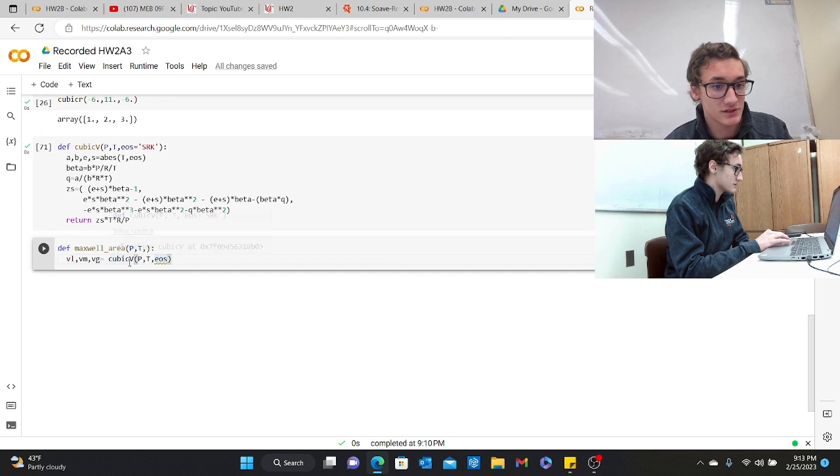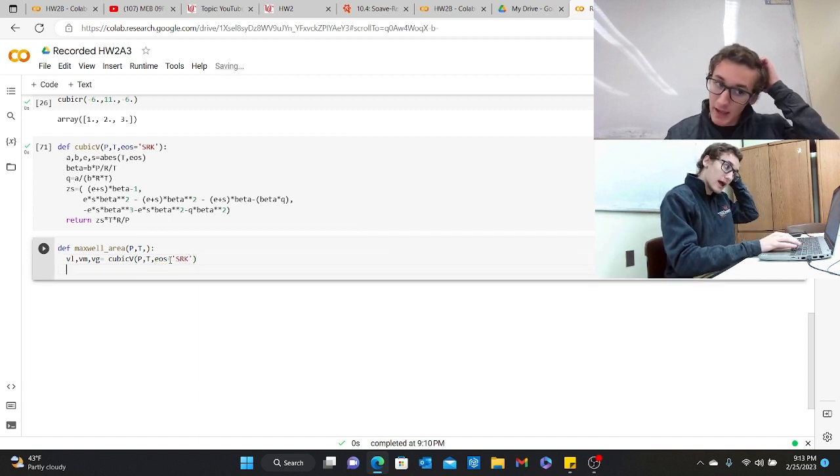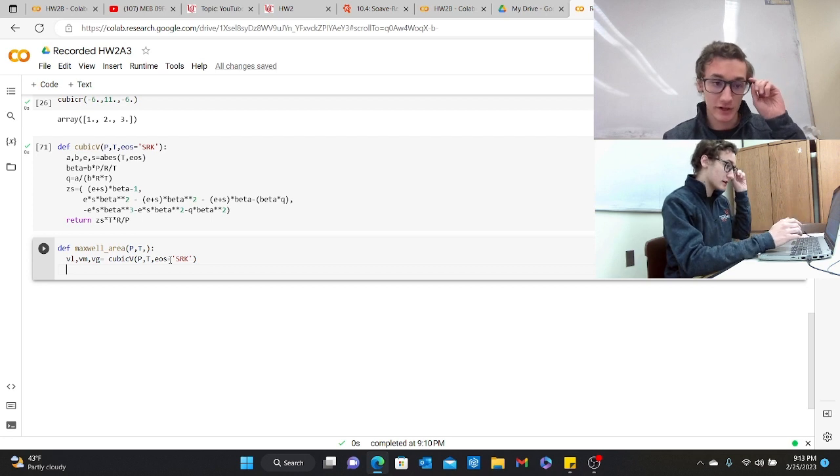But if we were to use this function... okay. No, we'll keep it, screw it. And now these are our limits of integration, so we would just integrate.